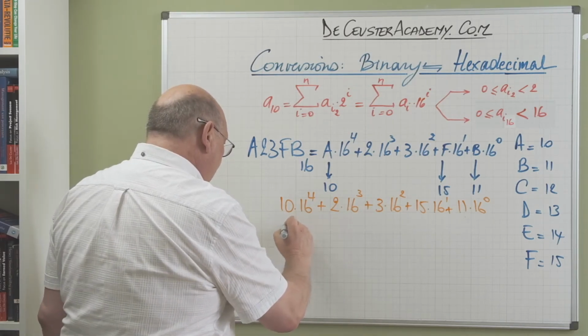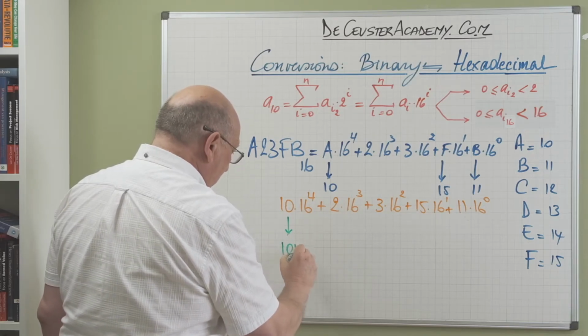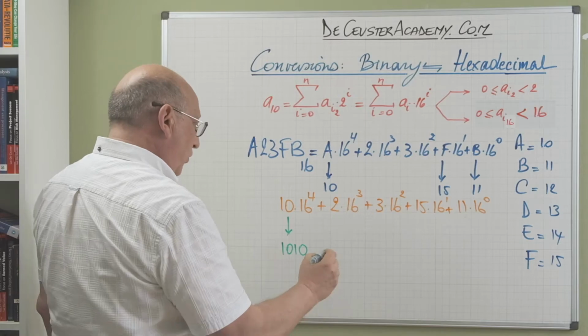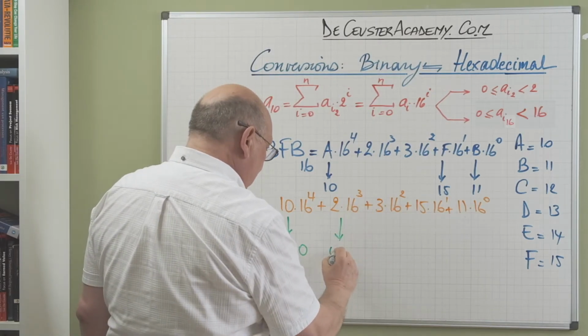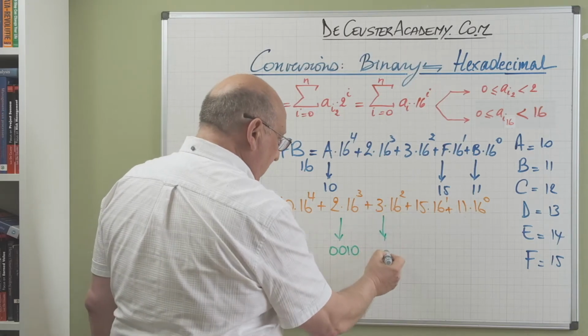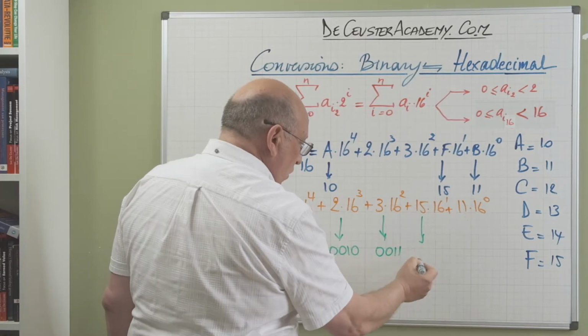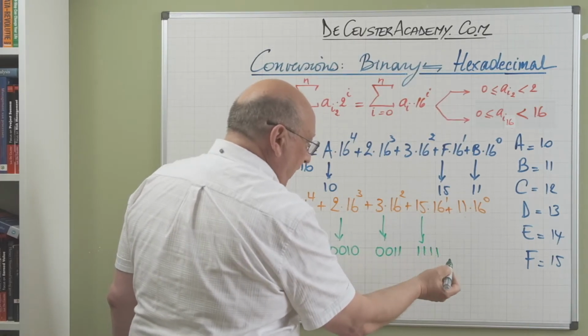We know for 10, this is 1, 0, 1, 0. For 2, we have 0, 0, 1, 0. For 3, we have 0, 0, 1, 1. For 15, we have 1, 1, 1, 1.